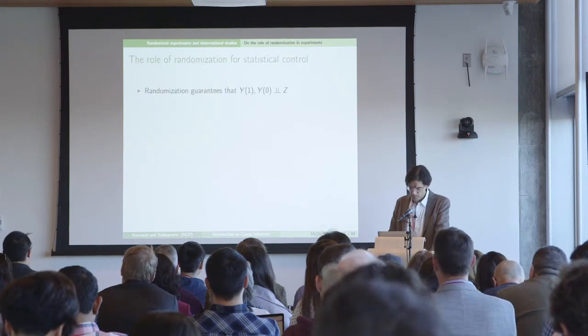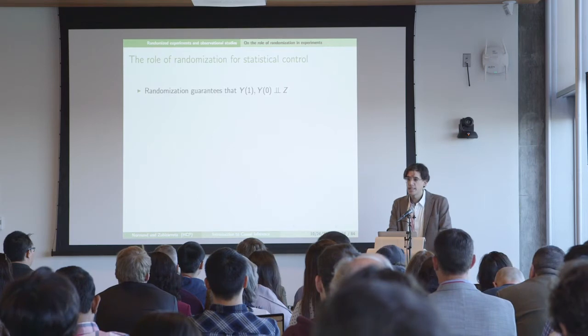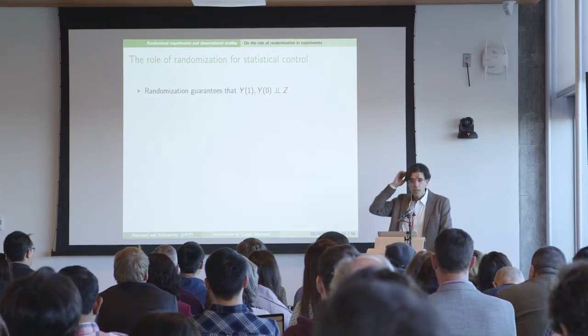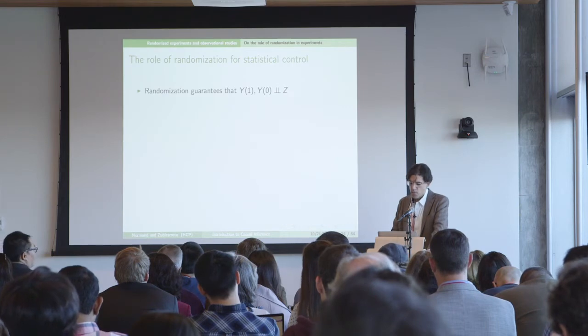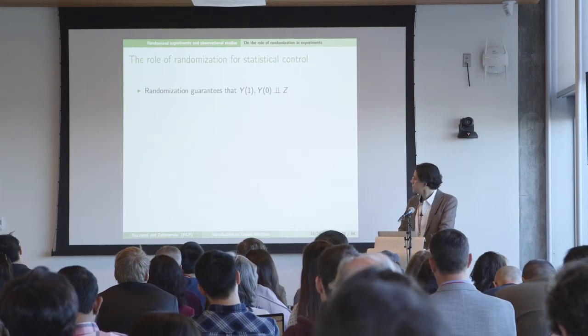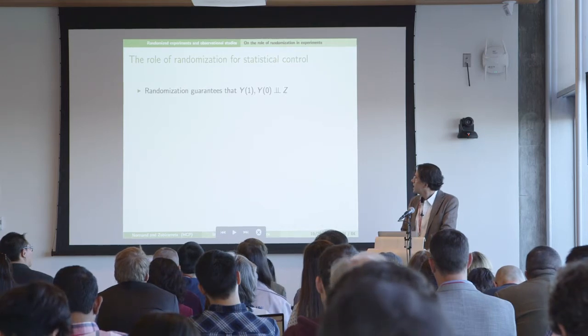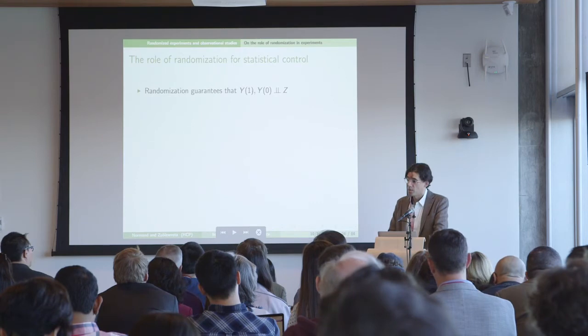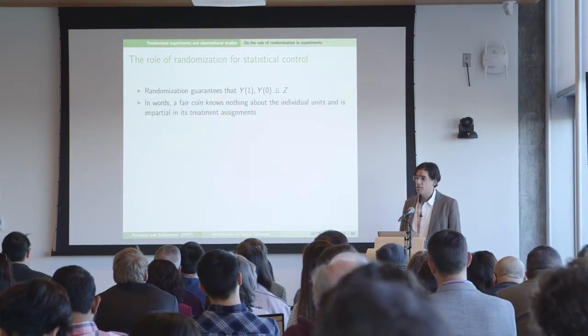All right? But first, let me talk about the role of randomization for statistical control. Using Dawid's notation for independence, randomization guarantees that the treatment assignment is independent of the potential outcomes under treatment and under control. In English, this is saying that the flip of a fair coin knows nothing about our potential outcomes.